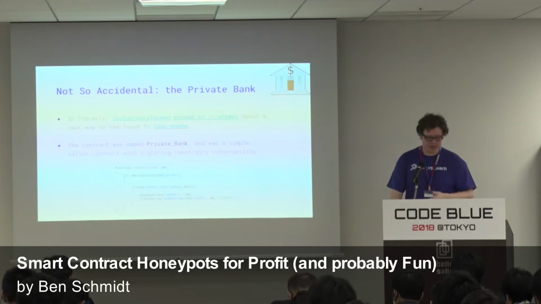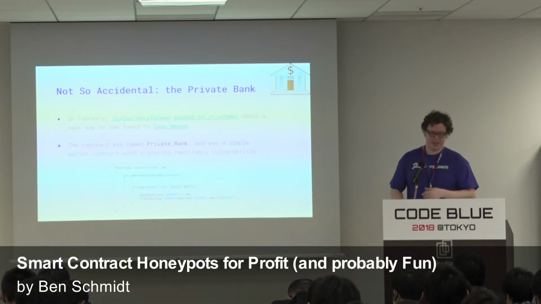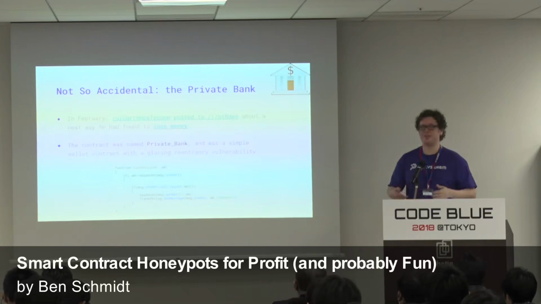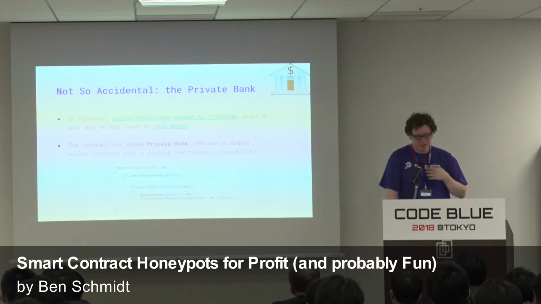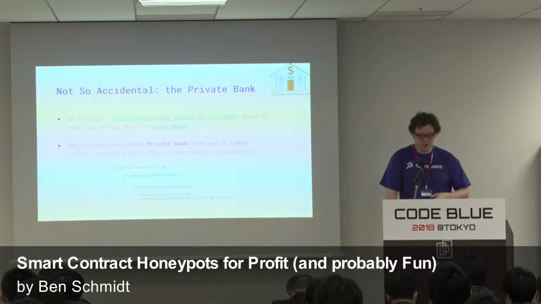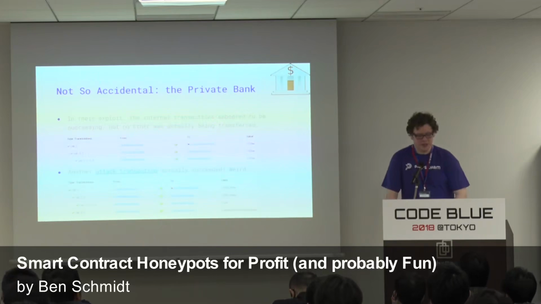The contract, the private bank, was a very simple wallet contract. It had a very obvious reentrancy vulnerability, almost seemingly taken from Solidity warning documents telling you not to do this. Basically, it looked like you could call into your own contract and do it multiple times and withdraw the entire balance of the contract.